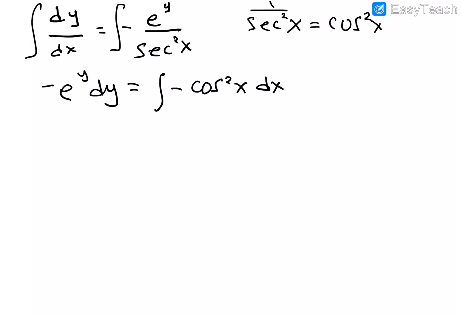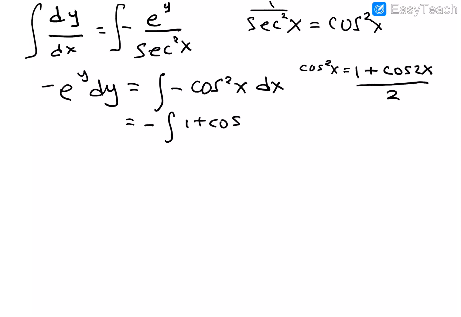Well, we'll have to apply this power reduction. Cosine squared x will be equal to 1 plus cosine 2x divided by 2. So we'll go ahead and plug that in. 1 plus cosine 2x over 2 dx.